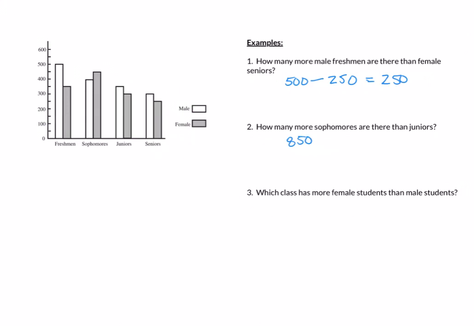All right, juniors, what do we have? We have 350 male students and 300 female students. That's going to be a total of 650. And if we subtract, we get 200.